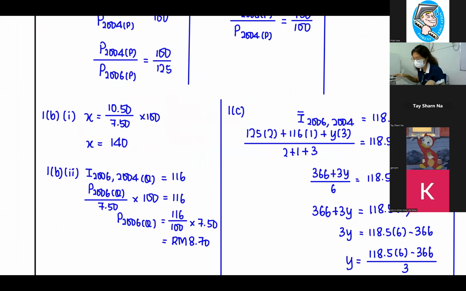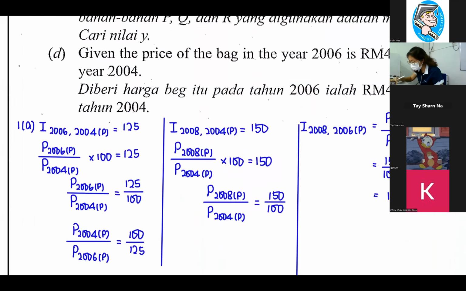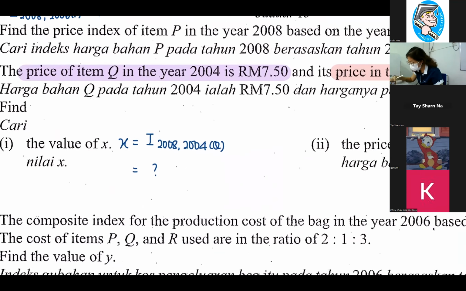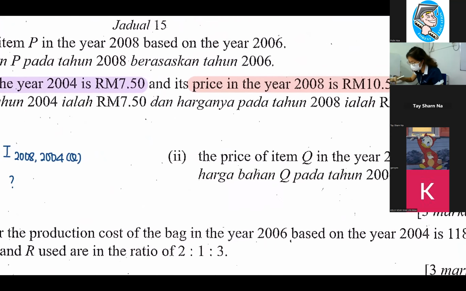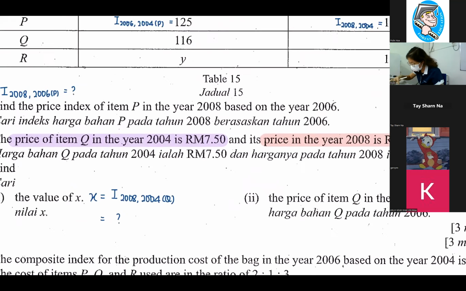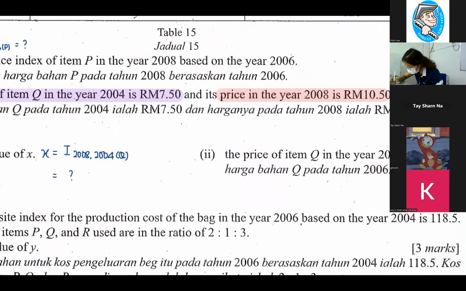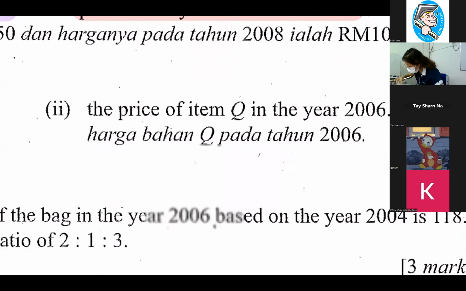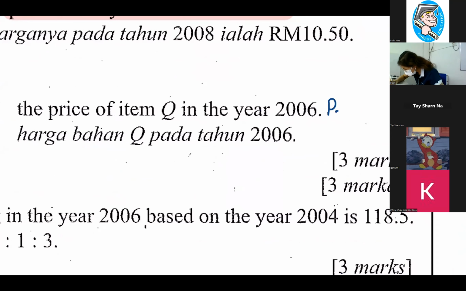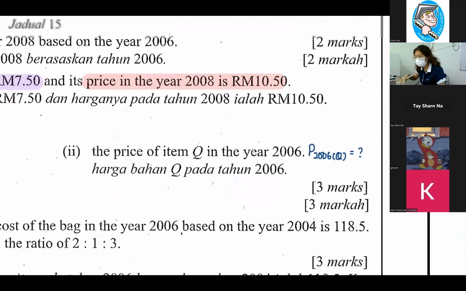And part B 2, find the price of item Q in 2006. P, the price in 2006 of item Q. What information do you have?